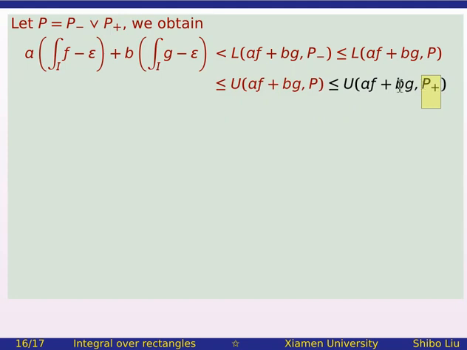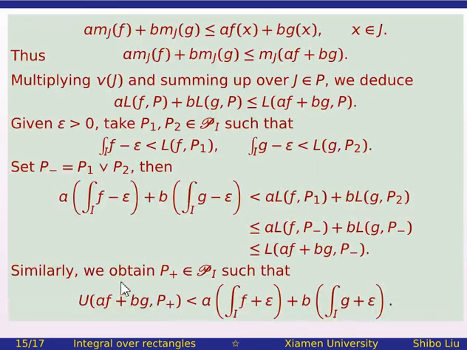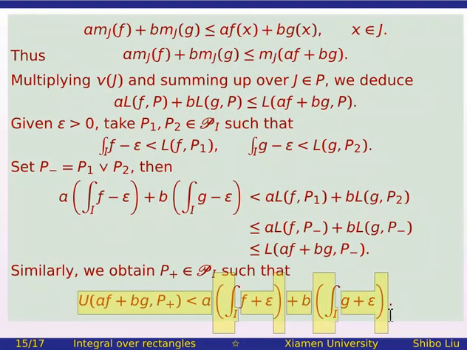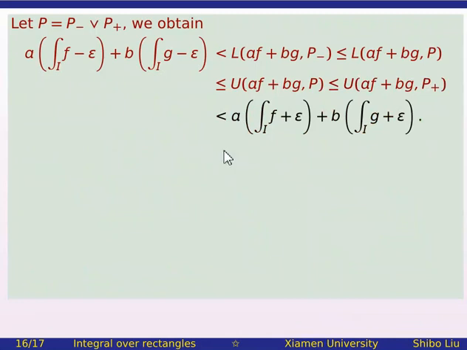Okay. Then for the P plus, we use the previous inequality. For the P plus, we have this inequality. So using this inequality here, we get this result. This means that for the partition P, the upper sum and the lower sum of the linear combination lie between the two ends of this inequality.